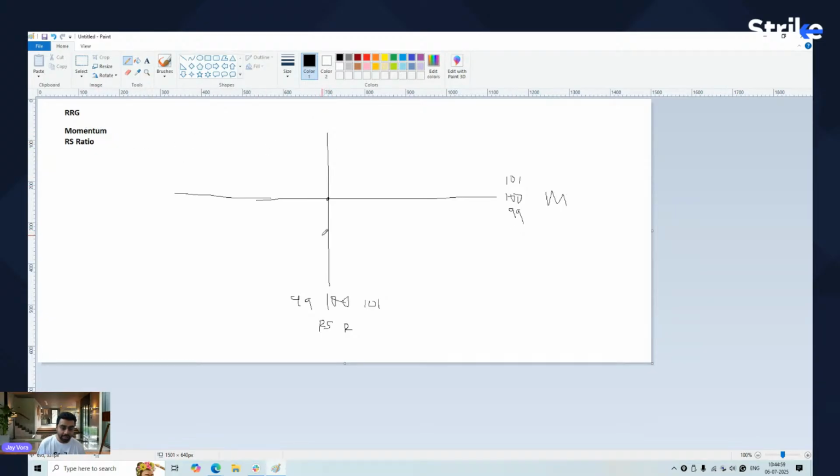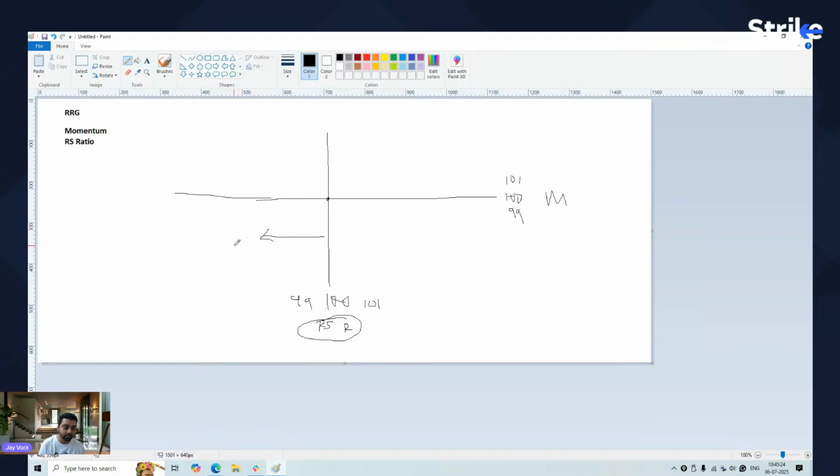Anything on the left hand side of 100 means that on a relative strength basis, that stock is weak. Which means that if the benchmark is going up, the stocks on the left hand side could be going up, but they are going up less than the benchmark.